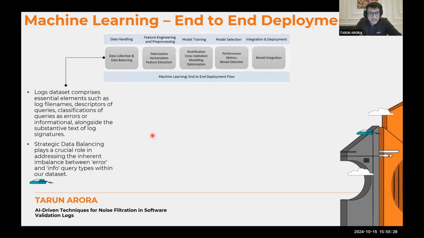So when I'm saying data balancing, what it means is that, as I said, the logs are huge, and most of the time, 90 to 95% of the logs always have noise, right? So when we execute machine learning by parsing all the information, we need to understand that we would have a problem of imbalanced data, right?